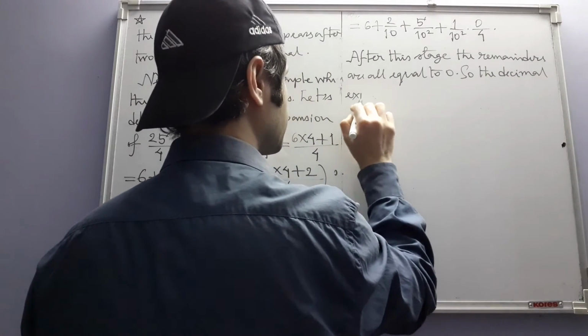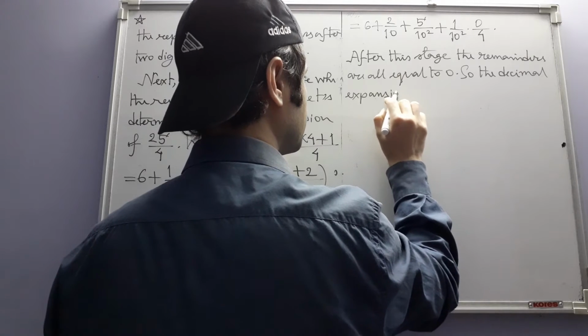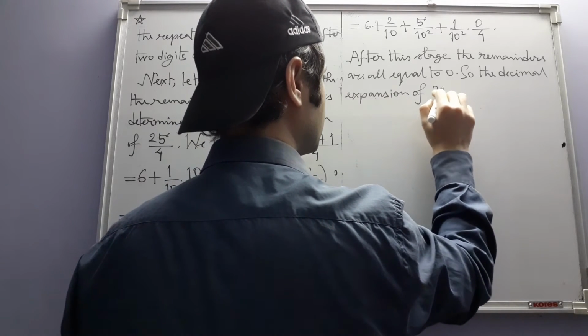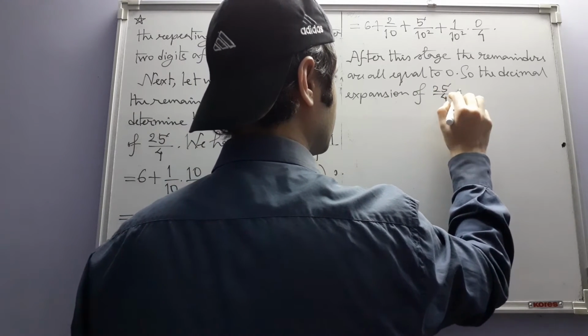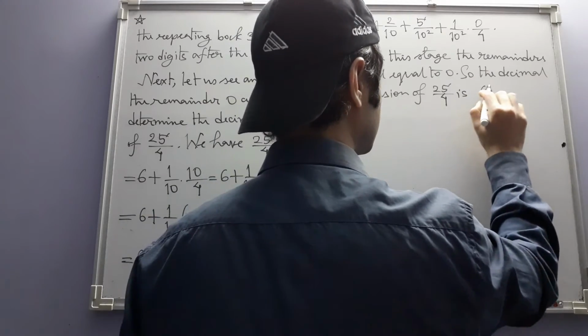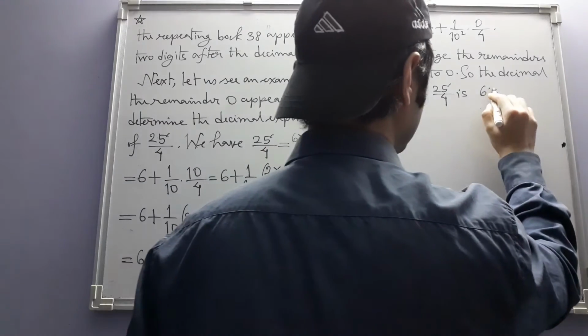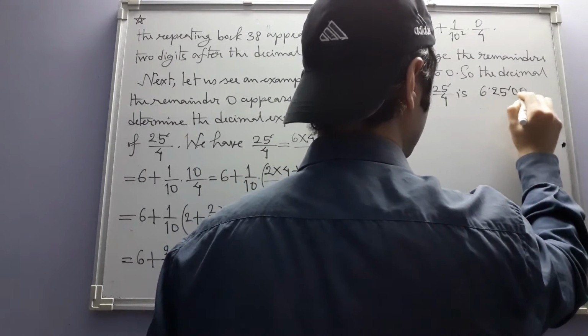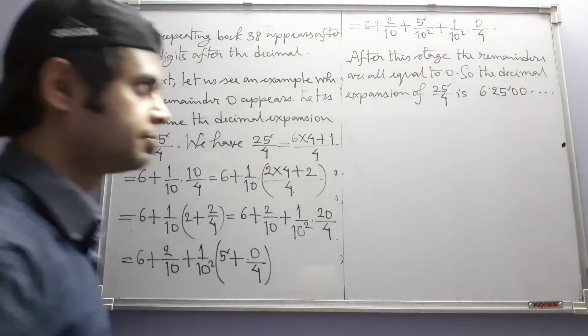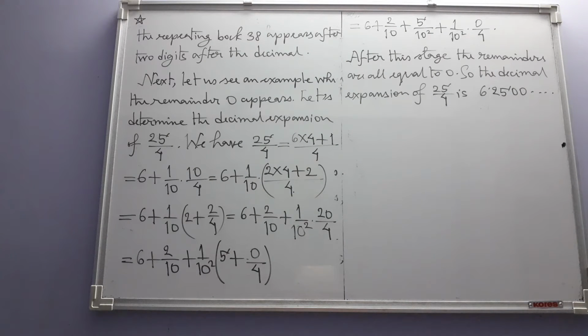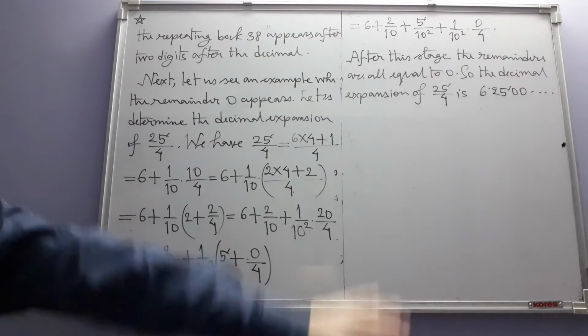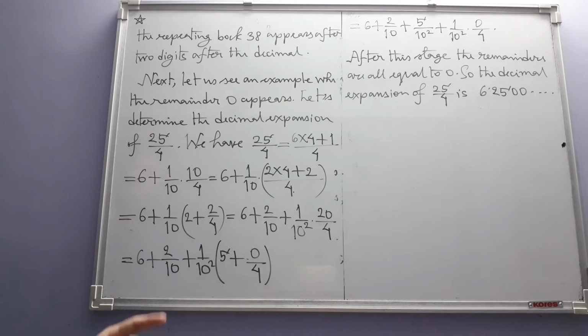So the decimal expansion of 25 by 4 is 6.25, 0, 0, etc.